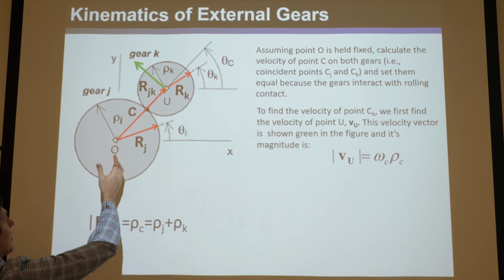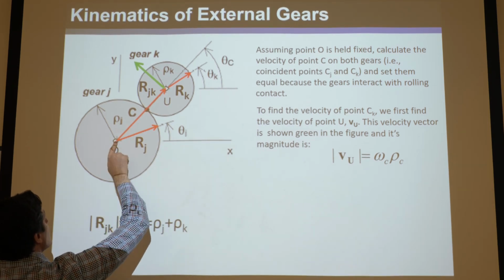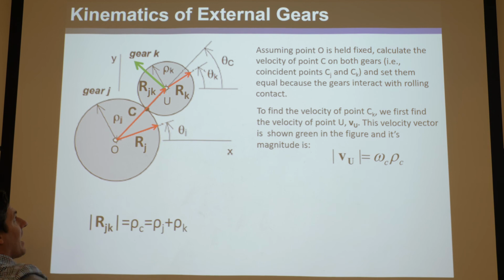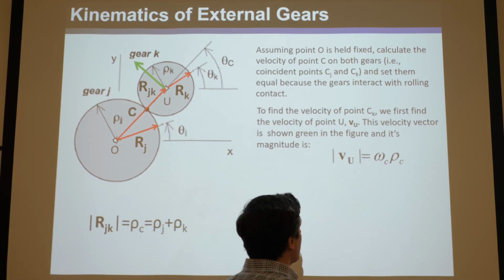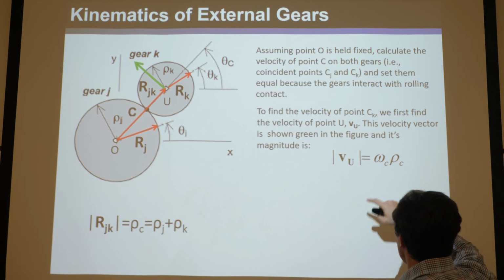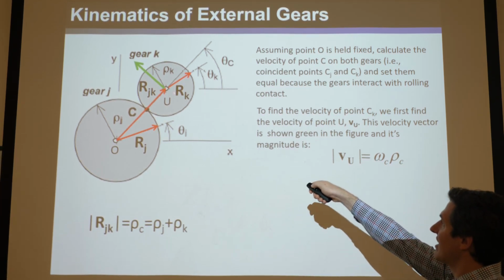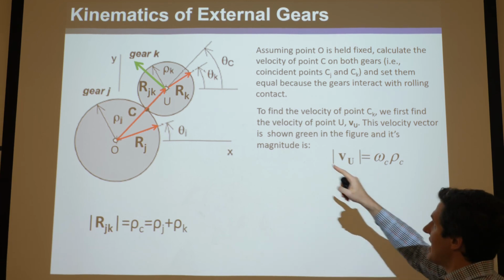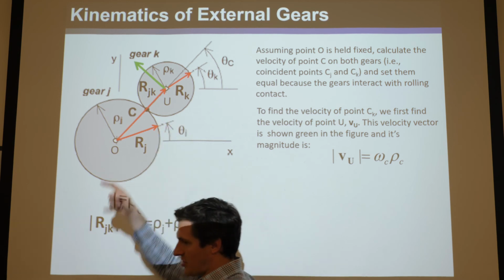So we take 0 plus omega c cross rjk, and of course, since it's planar and there's a cross product and perpendicular, it's just omega c rho c, where rho c is defined here. It's the magnitude of that. So that's the velocity of point U, and it would go in that direction.